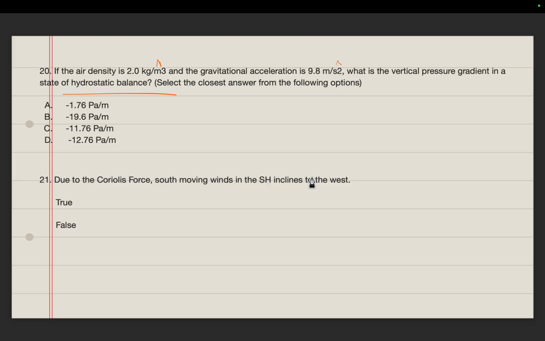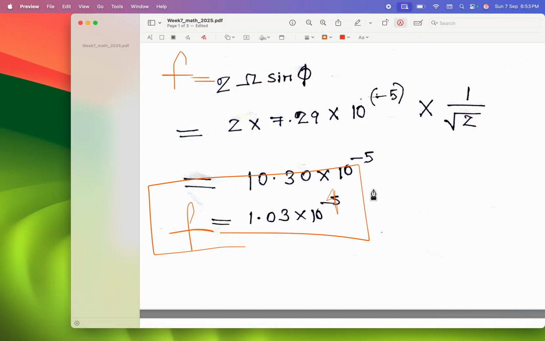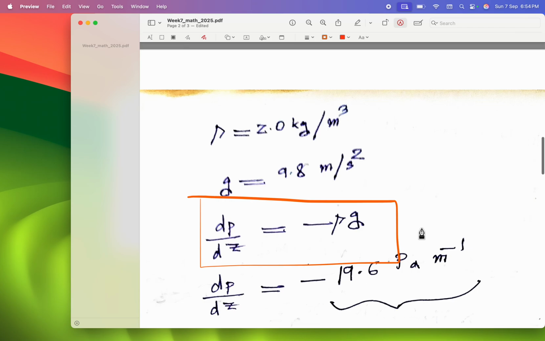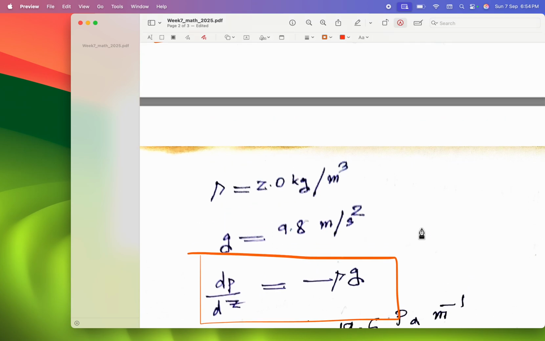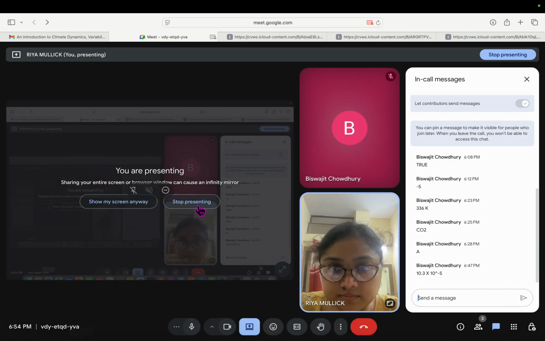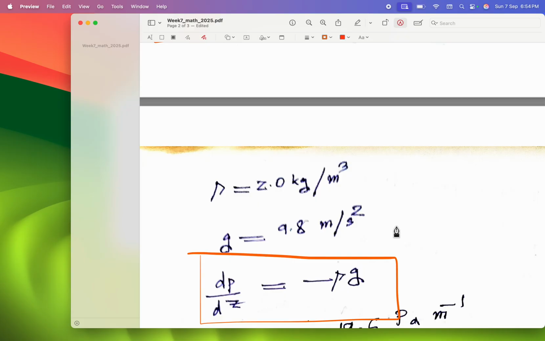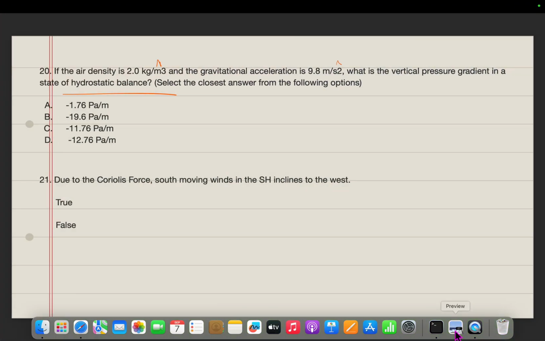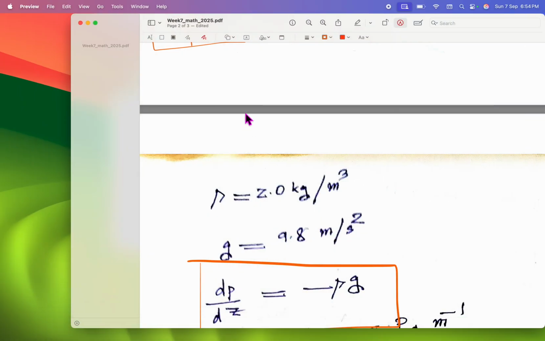Which equation do we have to use for this? For question 20, the hydrostatic balance equation is dp/dz equals minus rho g. Change in pressure is related to gravity.